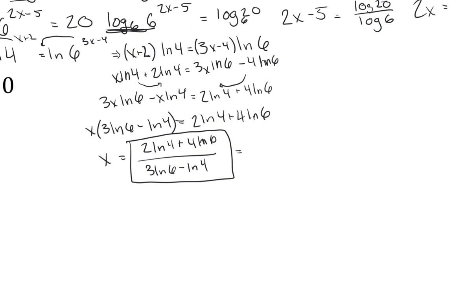So, open parenthesis of 2 times ln of 4, close parentheses, plus 4 ln of 6, close parentheses, divided by open parentheses, 3 ln of 6, close parentheses, minus ln of 4, close parentheses, and that's going to give us a value of 3.4918.